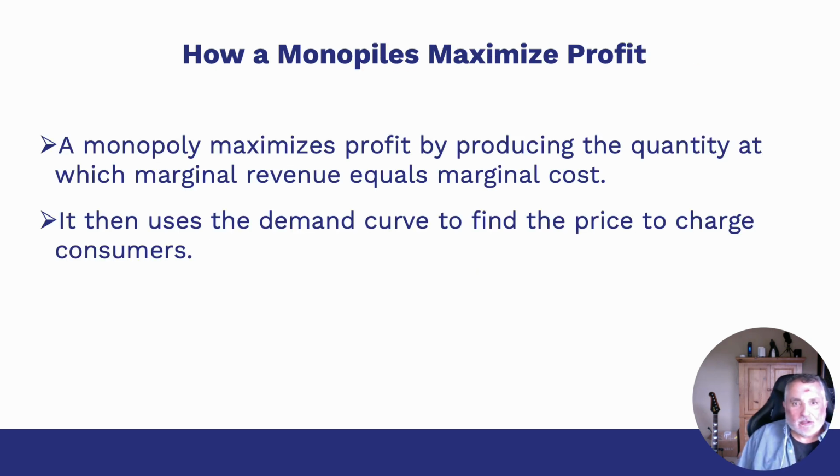Monopolies maximize profit by doing the same thing that the perfect competitor does, and for the same reason. And that is that they want to produce where marginal revenue and marginal cost are equal. Producing one more unit beyond that means that their costs will start to exceed their revenues.